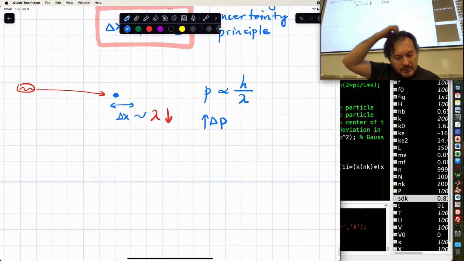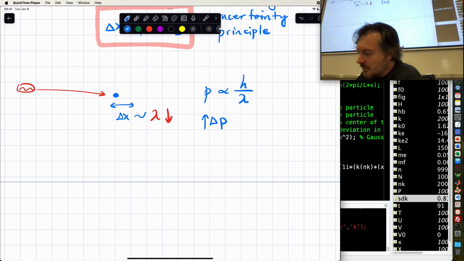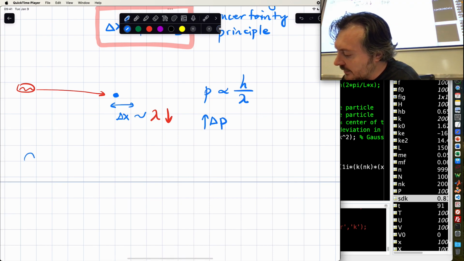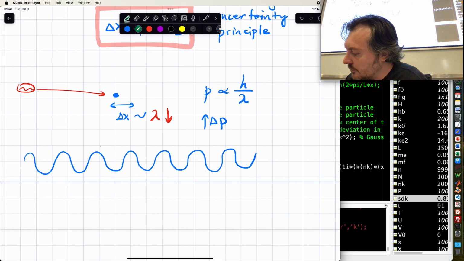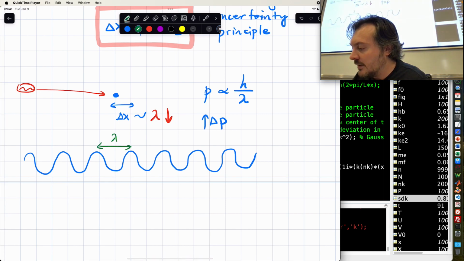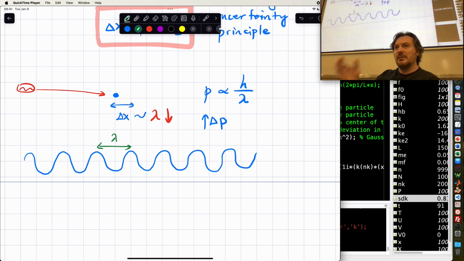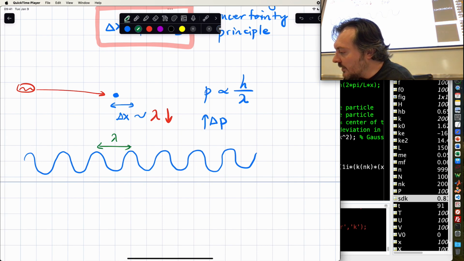Okay, so let me give you some more mathematical feeling about it. So if you have a wave function like this, we have already seen this, right? If you have a wave function like this, you have a very good idea of what the lambda is, right? It's very clear. It appears many times, so you can know lambda with a very nice precision.